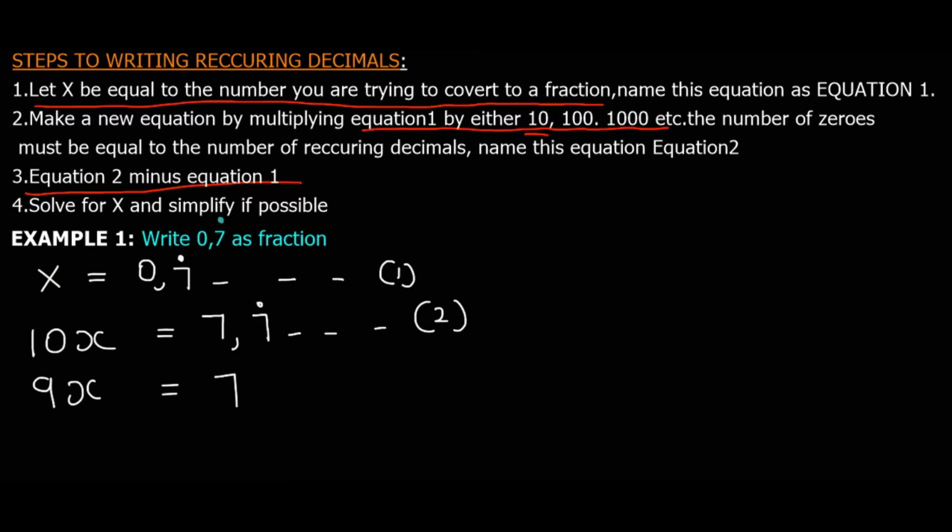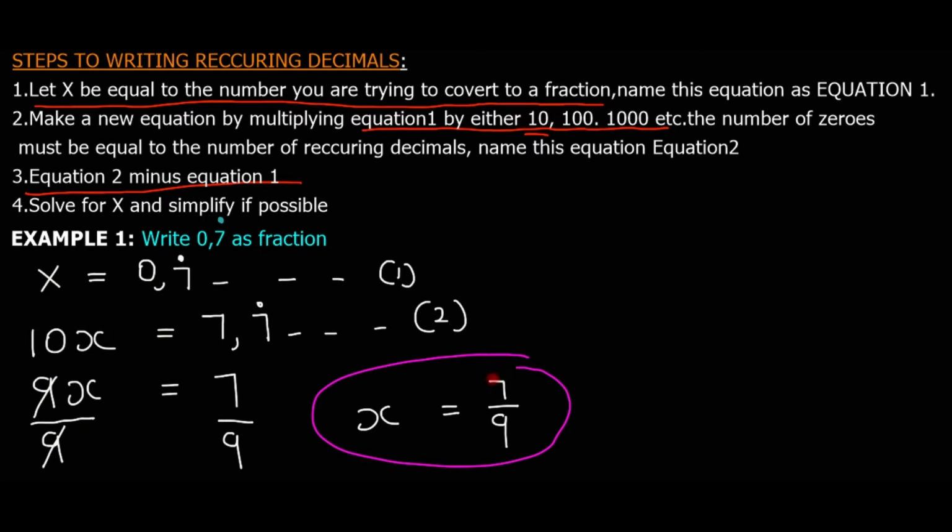From this step you can see that everything is straightforward, because now we want x, so we divide both sides by 9. So 9 and 9 cancel, therefore x is equal to 7 over 9, and this is our final answer.